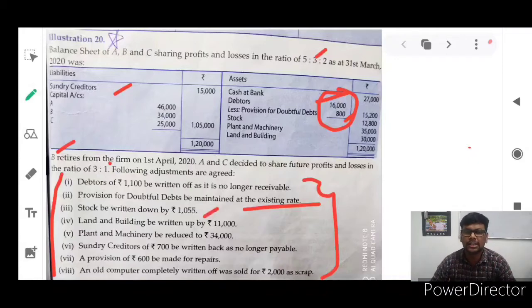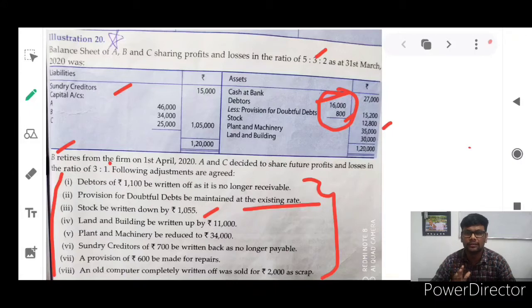So stock is reduced by 1,055 rupees. The actual amount of stock available as per this balance sheet is 12,800 rupees. They have given the balance sheet information. Now stock is reduced from 12,800 to 11,745 rupees, isn't it?